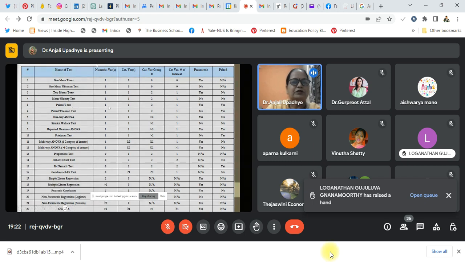Suppose my numerical value is there, and one or two or more categorical variables are there, and the data is normal. Then I'm going to use the paired t-test. If the data is not normal, then I'm going to use the Wilcoxon paired test.